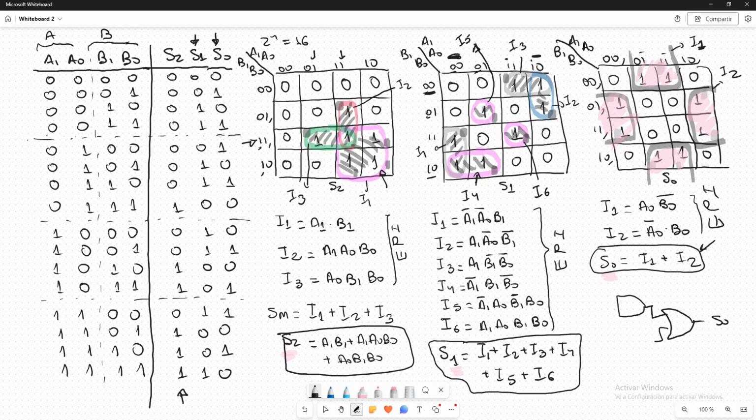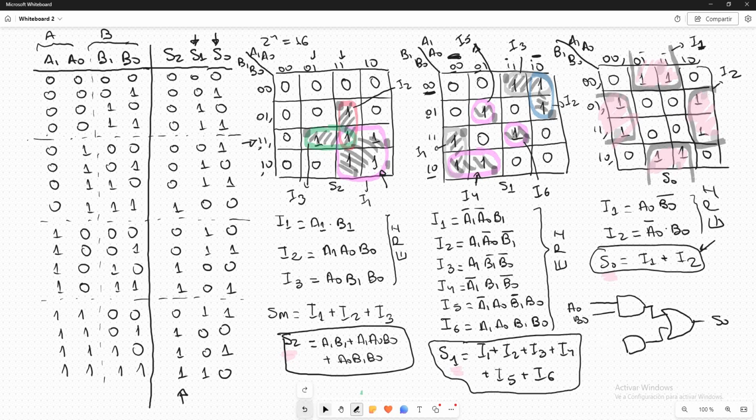So the output 0 of your system is going to be a sum whose inputs are two AND gates that are formed by A0, B0, A0 negated, and B0. Well, this is a mistake, sorry.